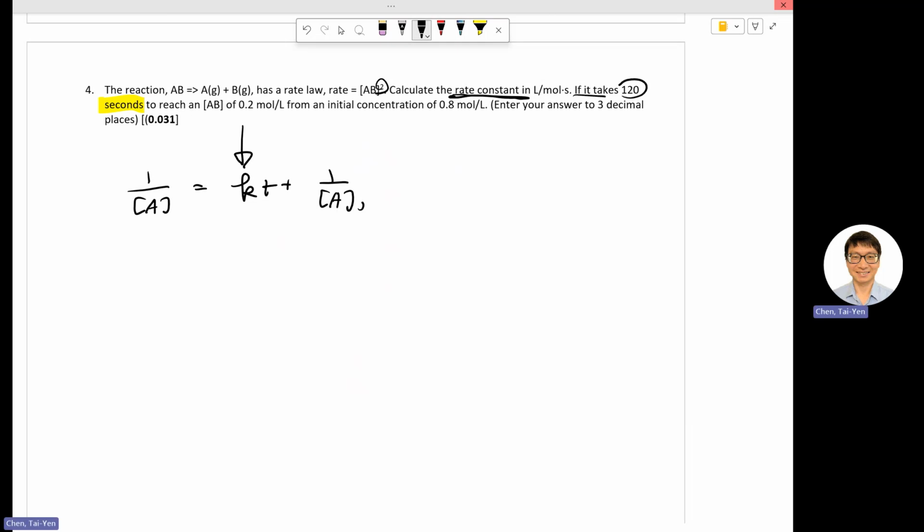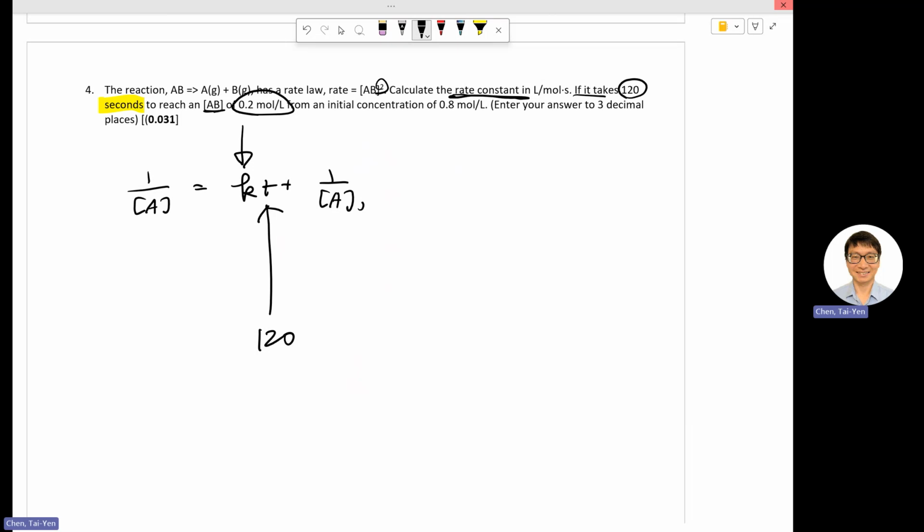If it takes 120 seconds, what does that mean? That is the time, so your t is 120. And then it says to reach an AB concentration of 0.2 M. Mole per liter is molarity.